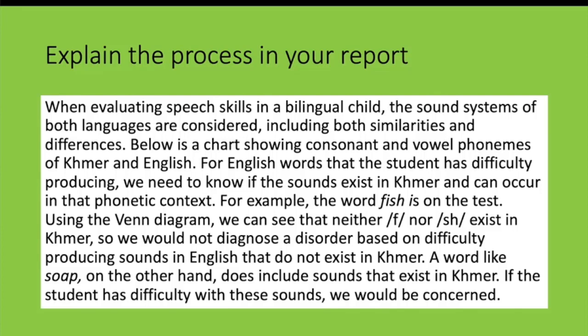For example, the word fish is on the test. Using the Venn diagram, we can see that neither f nor sh exist in Khmer, so we would not diagnose a disorder based on difficulty producing sounds in English that don't exist in Khmer. A word like soap, on the other hand, does include sounds that exist in Khmer. So if the student has difficulty with these sounds, we would be concerned.